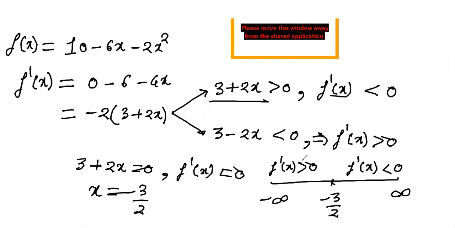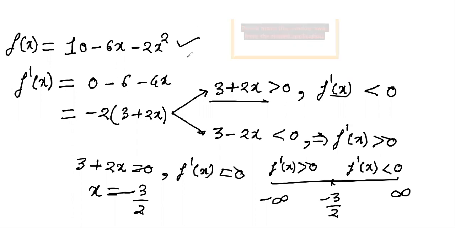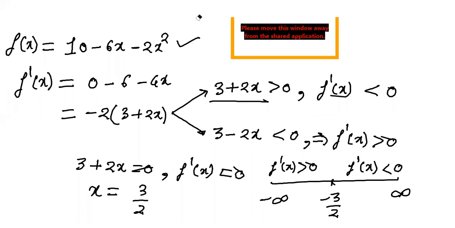Let's repeat it. F of x is equal to 10 minus 6x minus 2x square. We will differentiate it. Yes, I'm repeating. So f dash x is 0 minus 6 minus 4x.